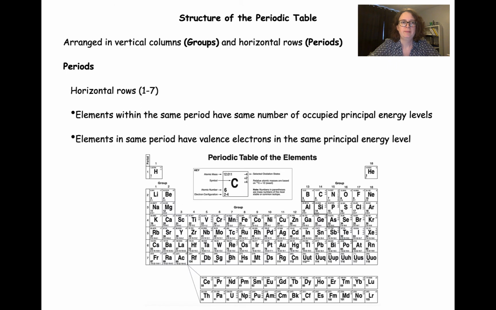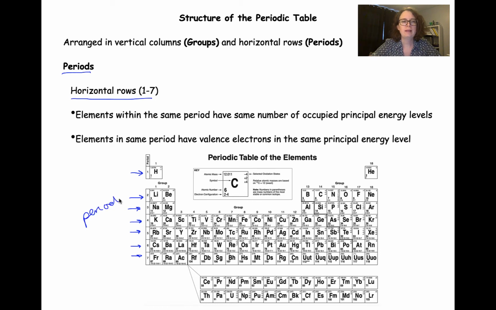In the structure of the periodic table, we have it organized and we call different rows and columns different things. So first we have our periods, and these are going to be the horizontal rows 1 through 7, right? So if we look at the side of our periodic table, we see these numbers. And these are just the period numbers, the beginning of each row. So we go from 1 to 7.